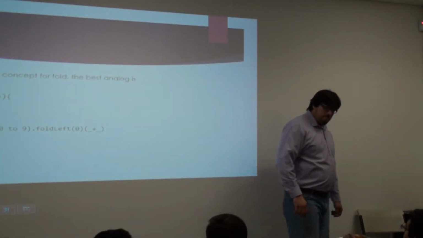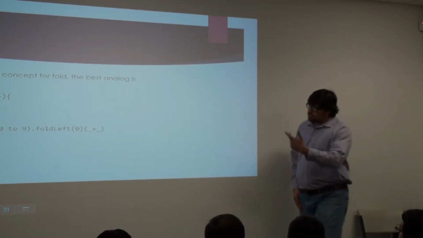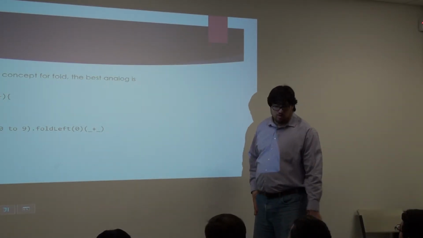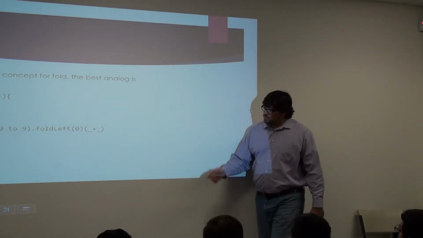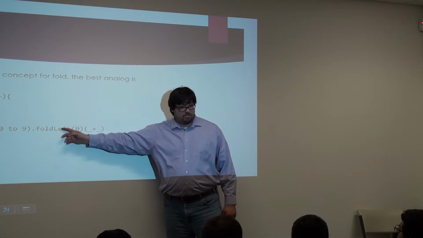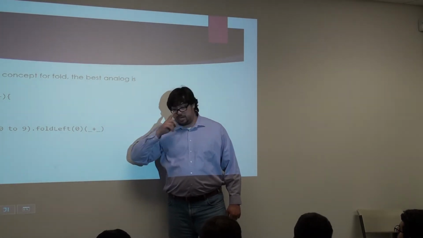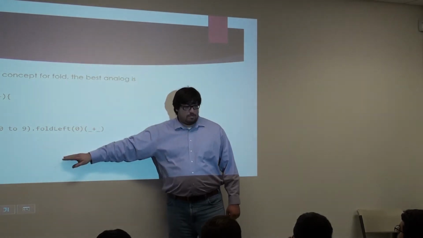For this specific example, can you use reduce as well? Mm-hmm. I just picked fold left because it's a little more straightforward. You can also use a couple other ones. There's aggregate, group by, a bunch of reduce-type functions that are part of the Scala collections library that will accomplish some of the same things.